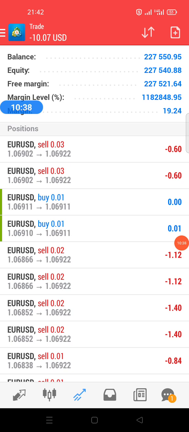All this Euro USD you are seeing here are trades that are currently running. Now it will interest you to know that this is our robot. This is a robot account, and it's trading by itself without anybody touching it. So it's trading Euro USD, and these are the trades that it has done for today.